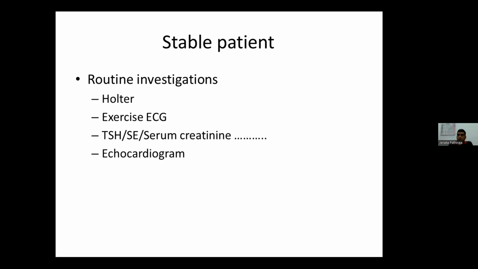In that case, you might do a Holter study to see whether there are any bradycardic episodes. Holter could be 24 hours, 48 hours, 72 hours, or maybe 4 or 5 days, depending on the capacity of the machine. But we generally do 24-hour or 48-hour Holter, right? We don't go beyond that, depending on our resources.